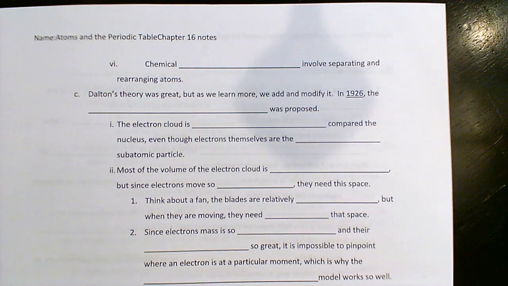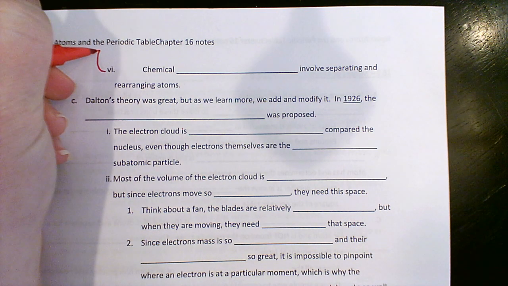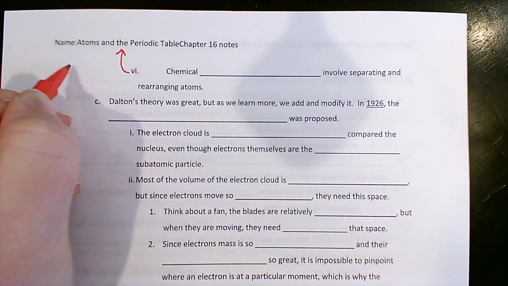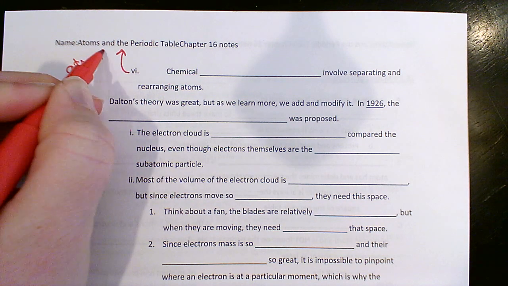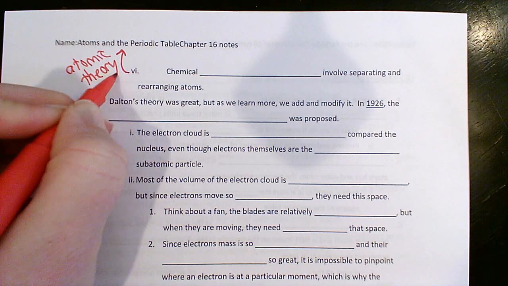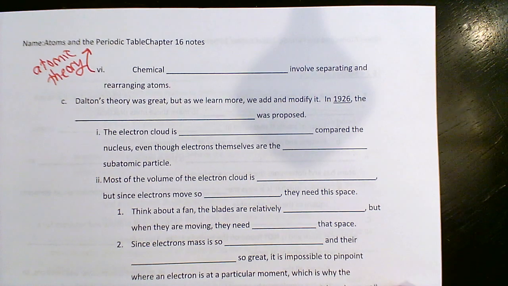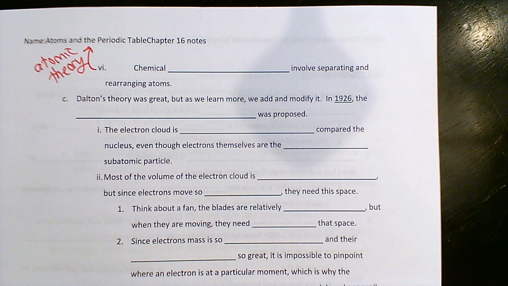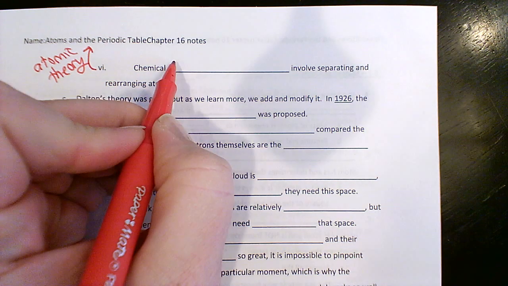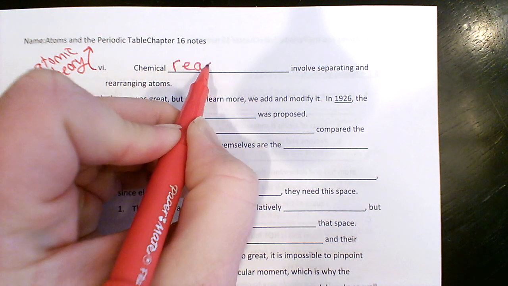Alright, and this is one of his ideas here, so this should be a part of atomic theory. Okay, so his last idea of atomic theory is people knew about reactions. They knew about burning things and all kinds of chemical reactions, but they didn't really know what was happening.